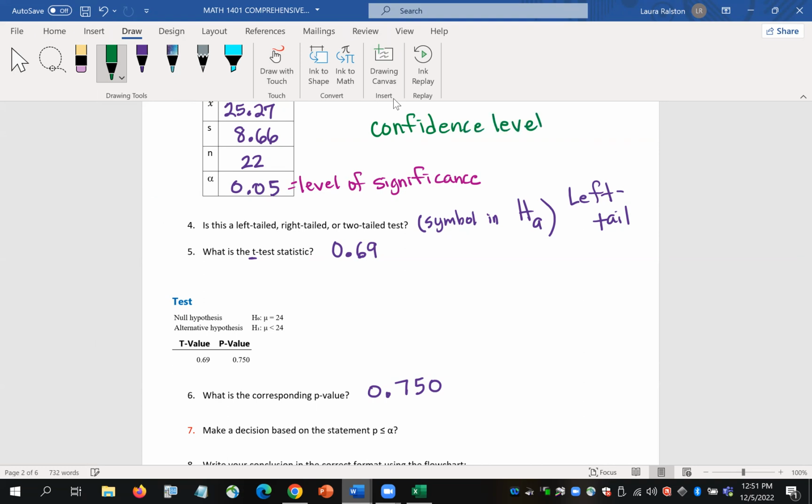To find the confidence level, it is 1 minus the level of significance, which would be 1 minus 0.05, which is 0.95, written as a percentage is 95%. Confidence levels are always expressed as percentages. Level of significance is always expressed as a decimal.